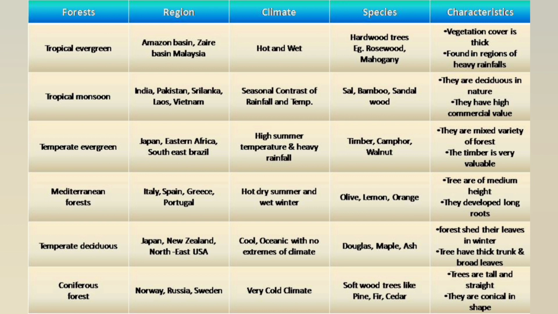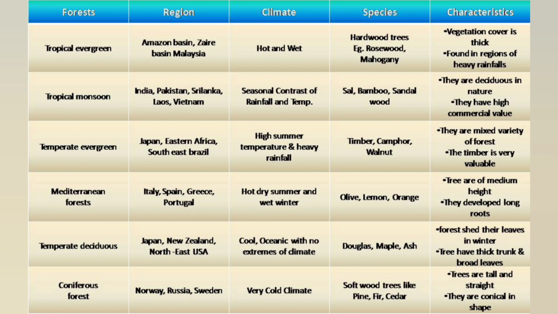Again, region names and species you can refer to in the chart. Temperate deciduous forest. These forests are found in areas with cold climate and moderate rainfall. The leaves of the deciduous trees change colors in autumn. They shed their leaves once a year at the same time. Some of the examples are maple, ash, etc. Then the next category, that is the last one, is coniferous forest.